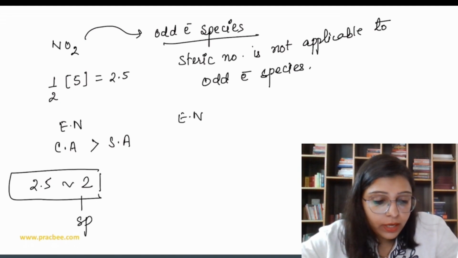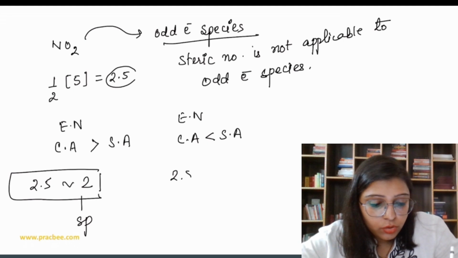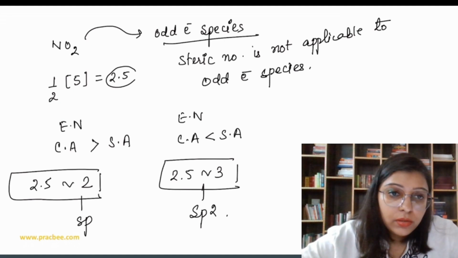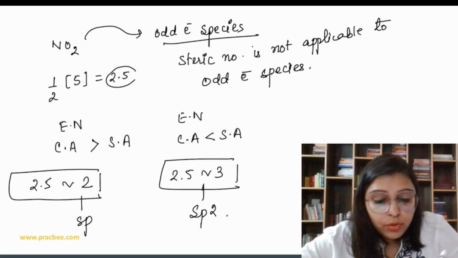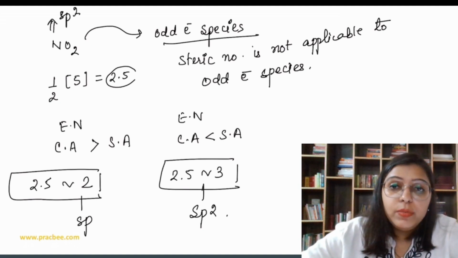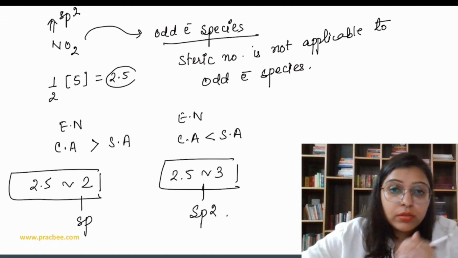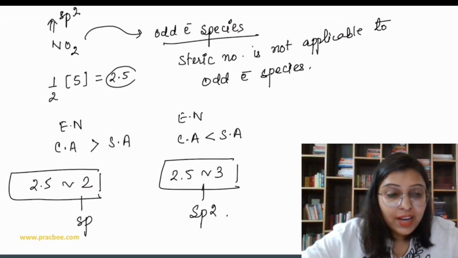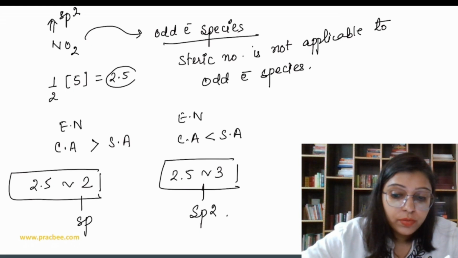But if the electronegativity of the central atom is less than the surrounding atom, then if here we have 2.5, just take it as 3. And for 3, it is going to be sp2. So by doing so, NO2 is going to be sp2 hybridized. Why? Because oxygen is more electronegative than nitrogen. Clear? So the answer is 1 for this question.